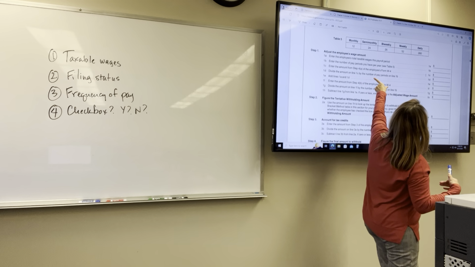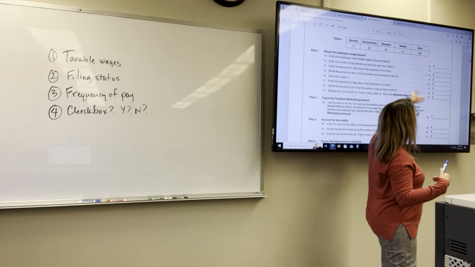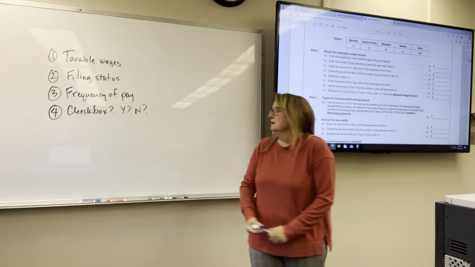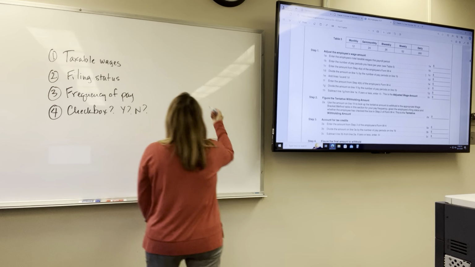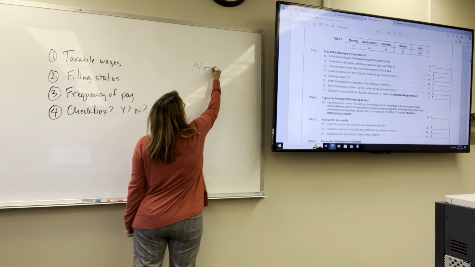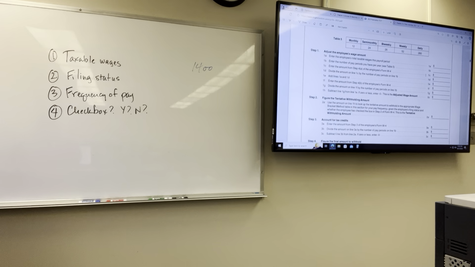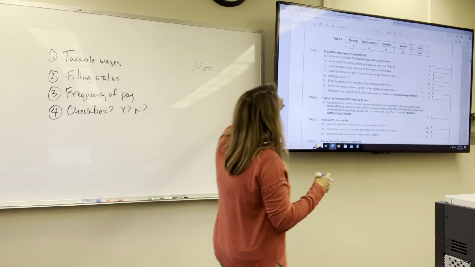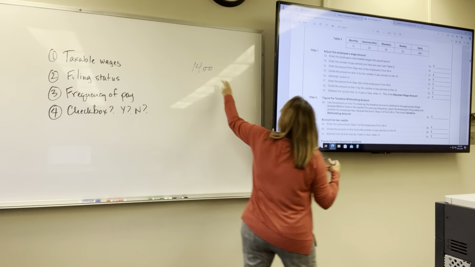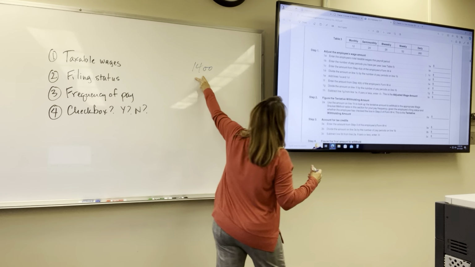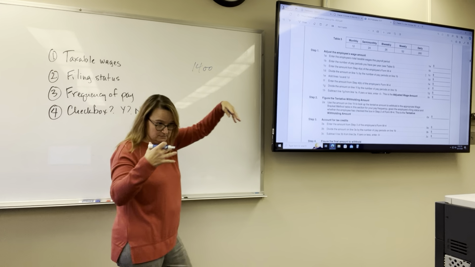Divide the amount on line 1C by the number of pay periods on line 1B. So let's say we had taxable wages of $1,400, and this particular employee wants additional withholding on additional income coming in somewhere else. Maybe they've got interest income of $1,200 a year. First, you multiply the total taxable wages per payroll period by the number of pay periods per year, so we're annualizing this pay.